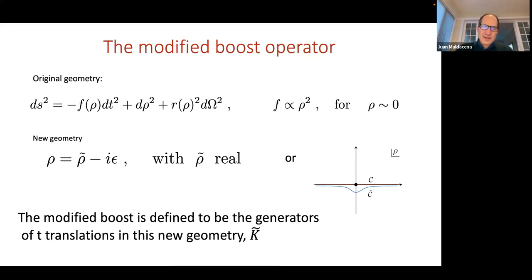They motivated this i epsilon prescription by first starting with some simpler quantum mechanical models, like Brownian SYK and then SYK. And then when they went to gravity, they found that this gives the right prescription.